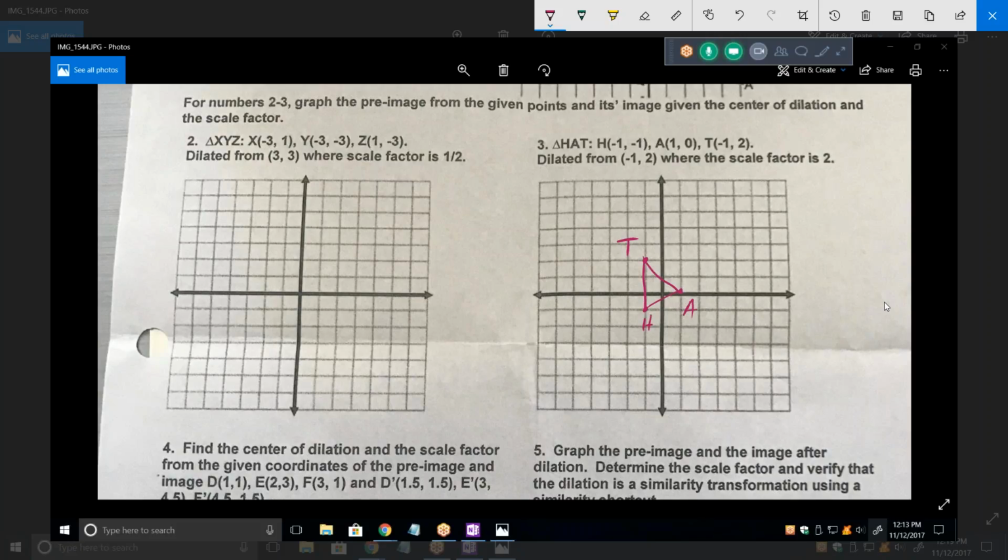And they want graph the preimage. In other words, that's got to be the image. They wouldn't give you the preimage. They would give you the image. Dilated from -1, 2. Notice they always have to give us that dilation point. There's the dilation point.